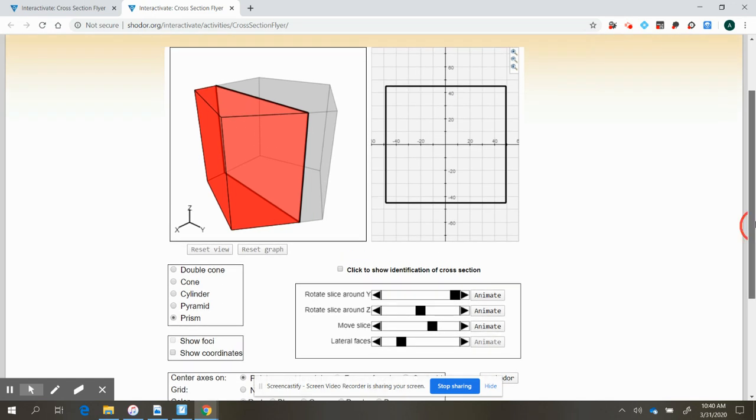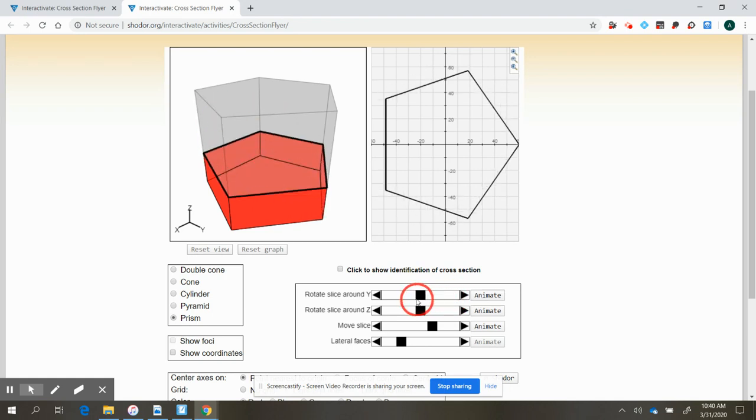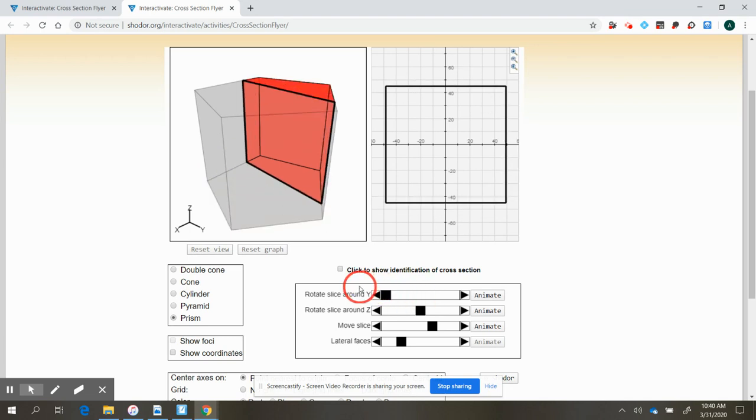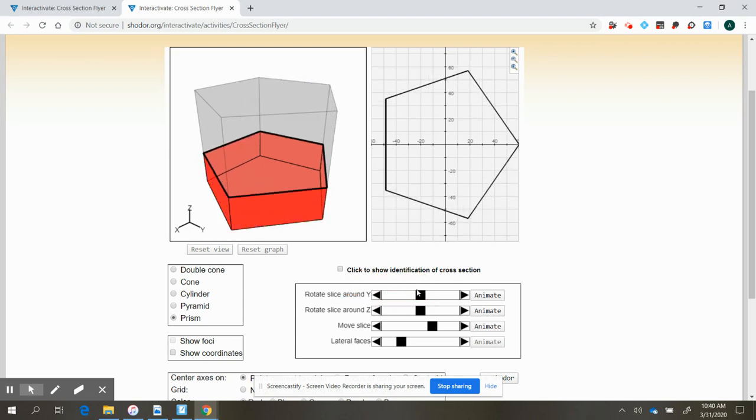Notice how I have the picture now in this particular prism. We have a vertical cross section, so it's going up and down, follow my cursor, versus if we change this slice back to here where it's centered there, it's a horizontal cross section, versus again if we move it over here we see another vertical going up and down. So we'll leave it at the horizontal cross section at the moment.